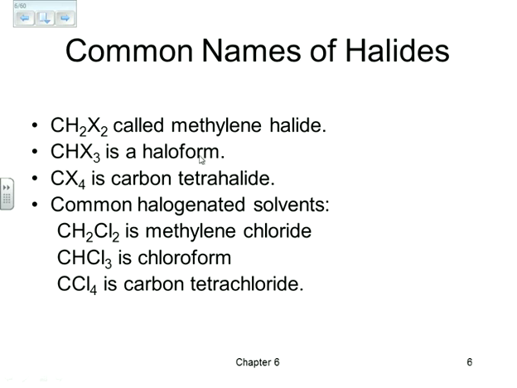Anytime you have the halo-form, like bromoform, iodoform, or in this case chloroform, form means 3 of them. There's also methylene chloride. You might have heard of that one. Those have 2 of them. Carbon tetrachloride. Tetra meaning how many? 4. And that's about it.